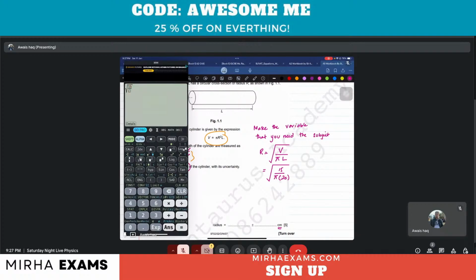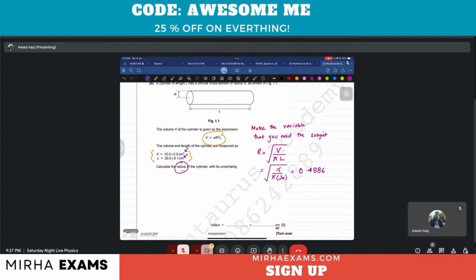If you have one, it helps you a lot. If you don't have it, it's okay. As you can see, it becomes 4.886, right? Then you have to build the uncertainty. You have to get the absolute uncertainty.